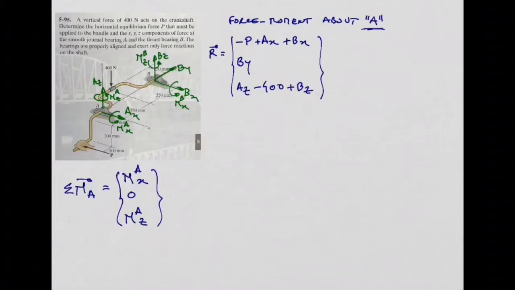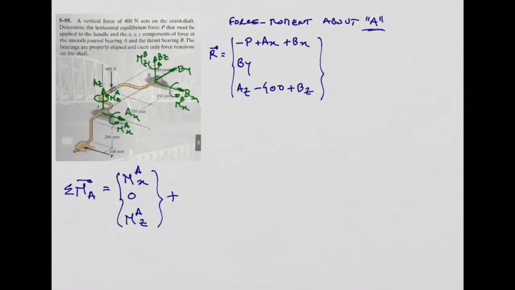Now, let's look at this force P on the handle. What is the moment produced by this force P about point A? So I'm going to add the moment produced by this force P. I need a position vector connecting point A with point P, which is this position vector here.